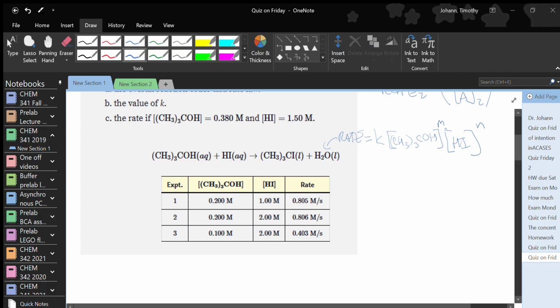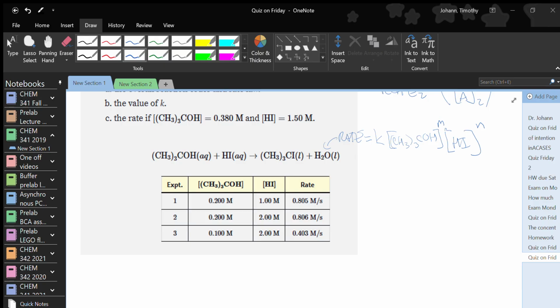Let's go down and look at this. We're going to solve for those. You can solve by inspection, and you can also calculate it, and we're going to do both here. Let's take our hydroiodic acid first. I've got 3 things here, right?